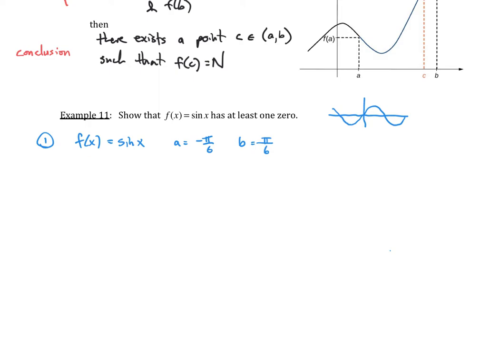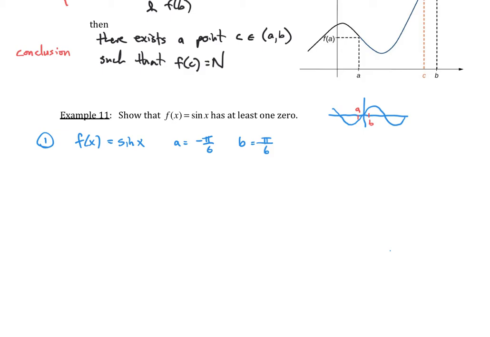I'm having my A to be to the left of 0, and my B is to the right of 0. And in this case, I'm taking A to be negative pi over 6 and B to be pi over 6. So from this graph, you can see, oh, it's going to cross the axis. This is just an example to show you how the theorem works.